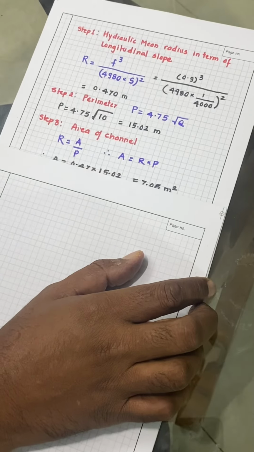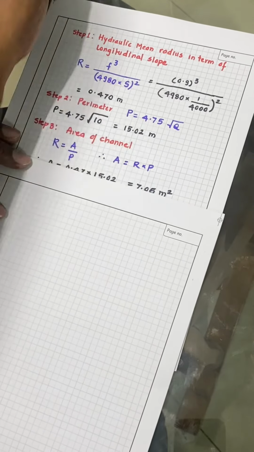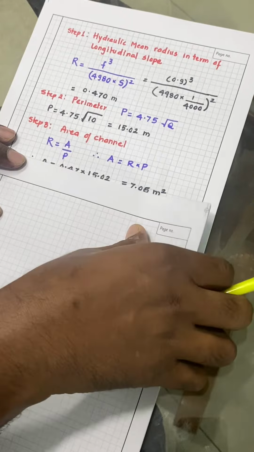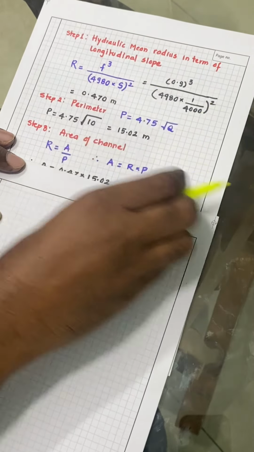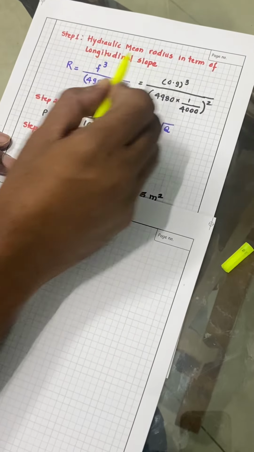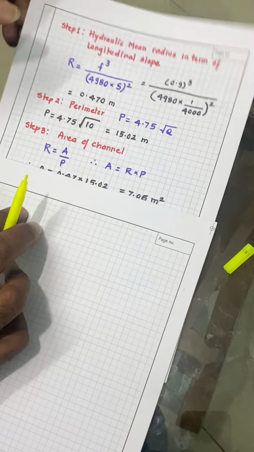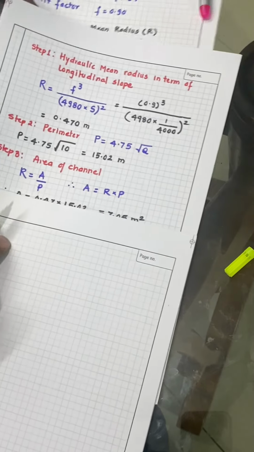Now step by step procedure. The first step is to determine the hydraulic mean radius in terms of longitudinal slope. In our numerical, the longitudinal slope is given.